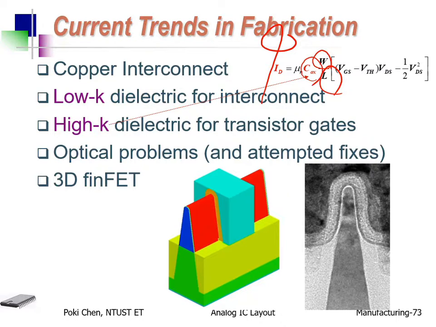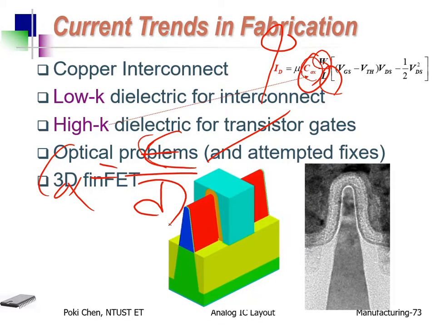Okay? But how? Electric constant. Right? The more epsilon, 介电系数, the more C oxide. Alright? Yeah, I think I explained already what C oxide is. Actually, it is this divided by distance, the thickness of your gate oxide.